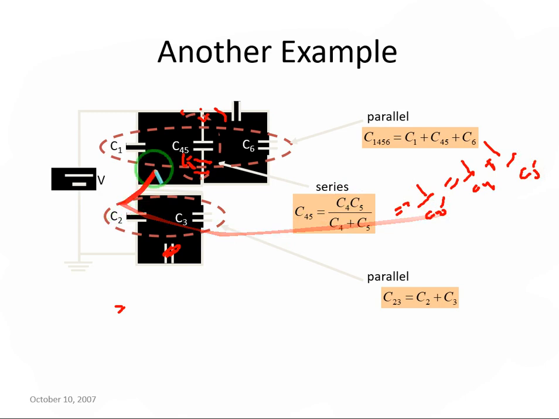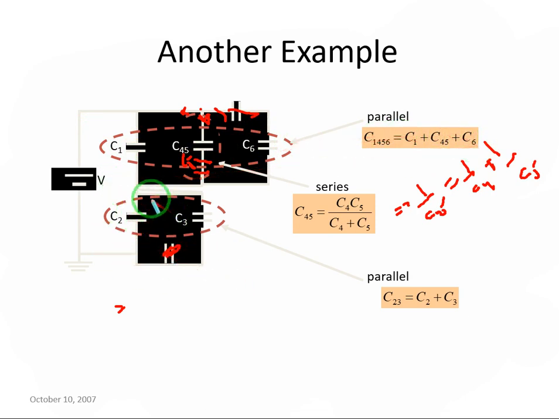This is a series. Once you find the series, then C1, C45 and C6 are going to be in parallel now, because the current is going to be divided here. So C1456 will be equal to C1 plus C45 plus C6, because it's a parallel now. Okay, up to this it's fine.